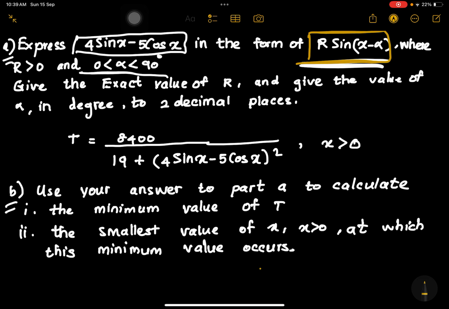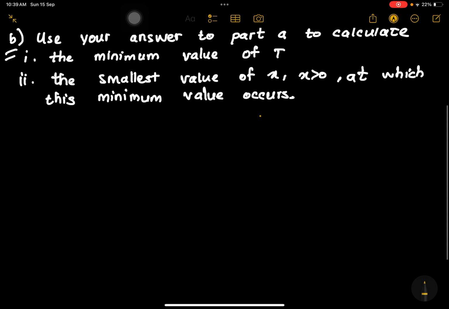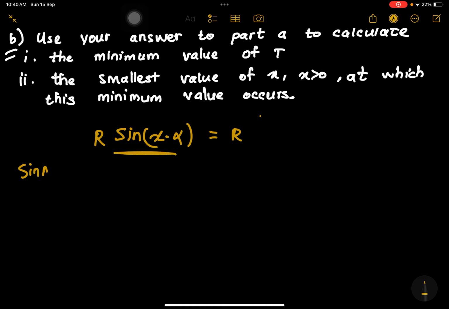If you want to express it in this format, r means there is a constant at the front, then sin(x minus alpha). So first we have to know the expansion of this. The expansion will come from sin(a minus b), so you should know the formula for sin(a minus b): sin a cos b minus cos a sin b.